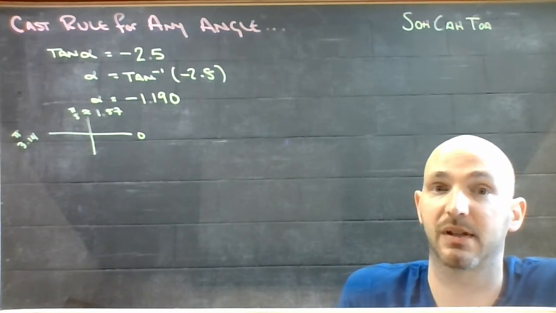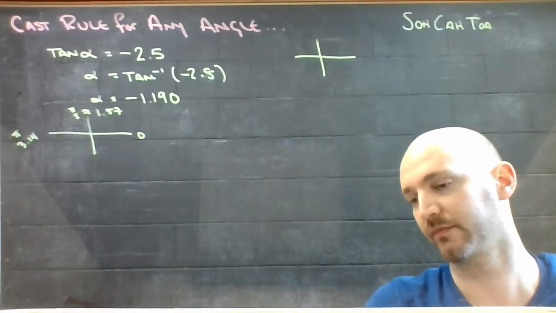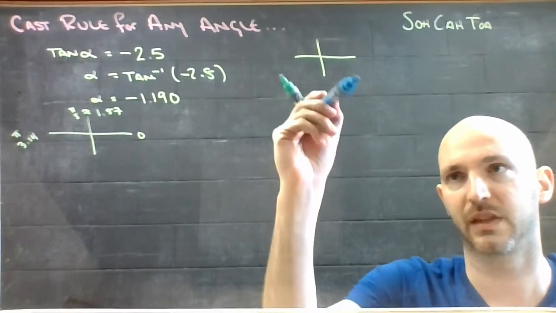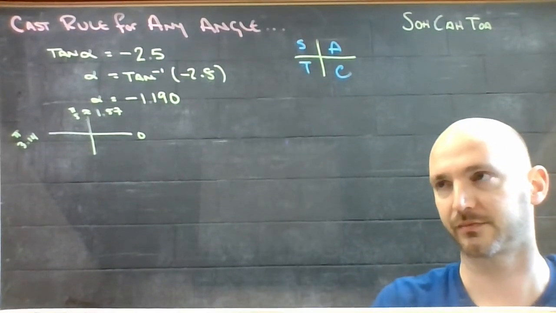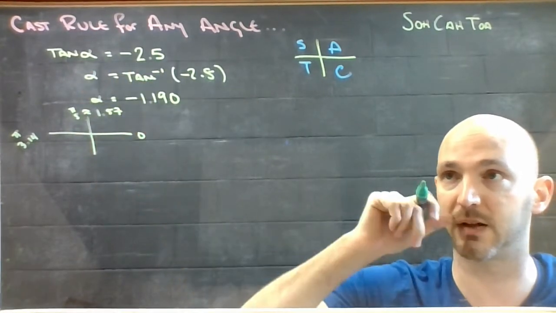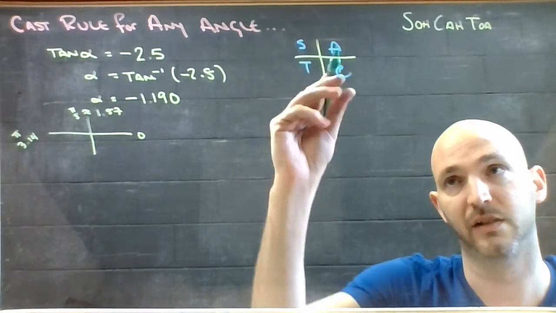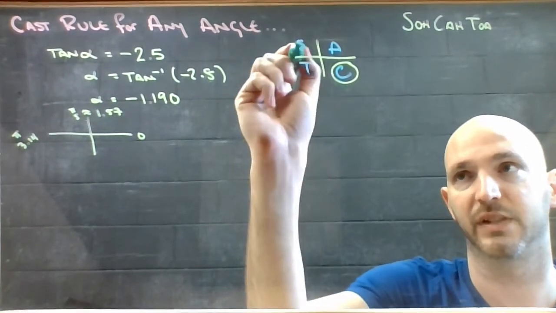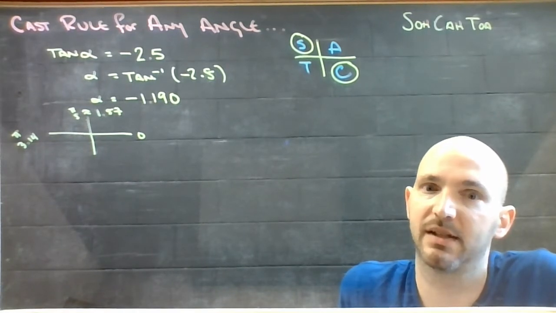Well, if we use the cast rule to try and puzzle this out, C-A-S-T, I'm after solutions where a tan ratio is negative. So tans are positive here and here, which means I must be after the solution there and the solution there. So what does the negative mean?